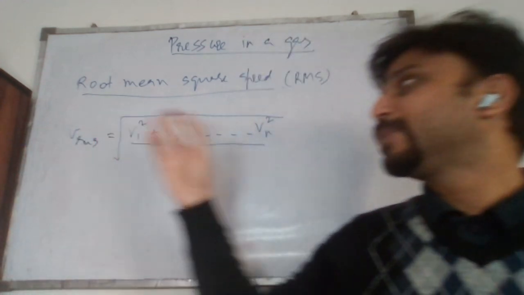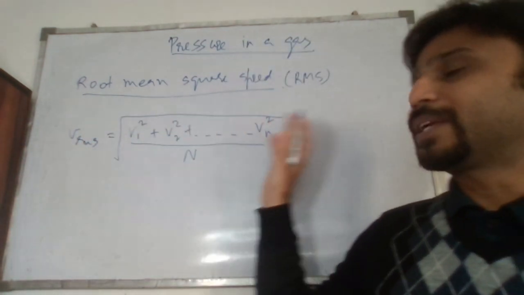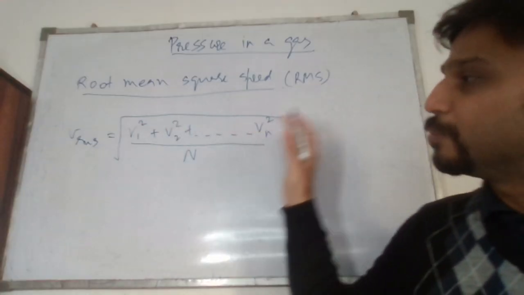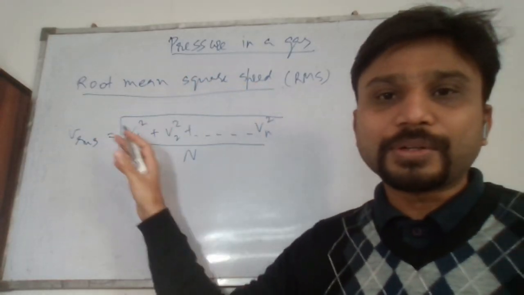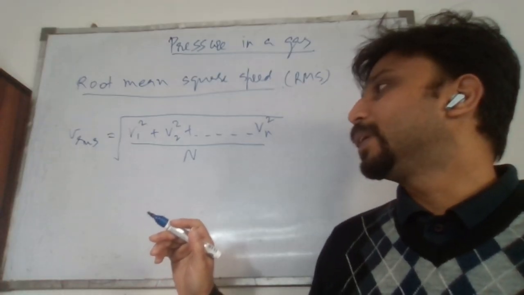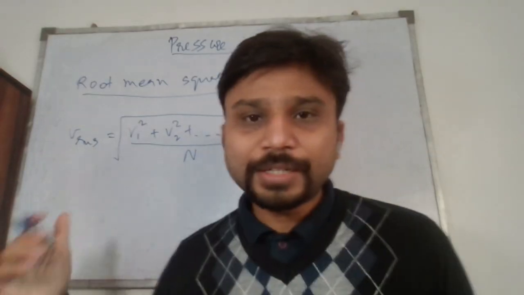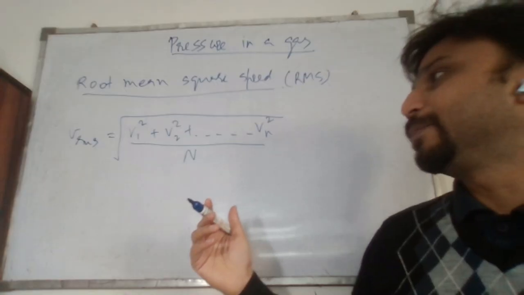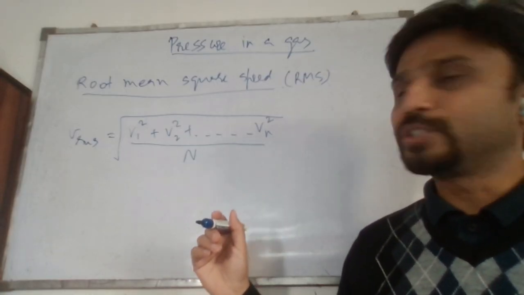This RMS speed is not exactly that average value, but shows one of the parameters of the speeds of all the particles. Its significance will be clear a little bit later, but it shows the distribution.